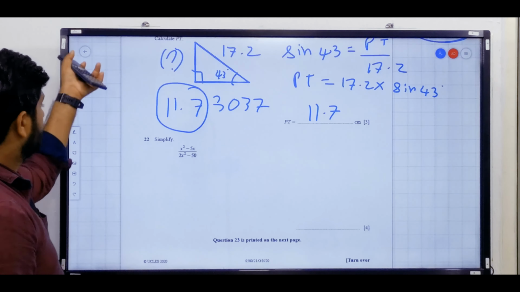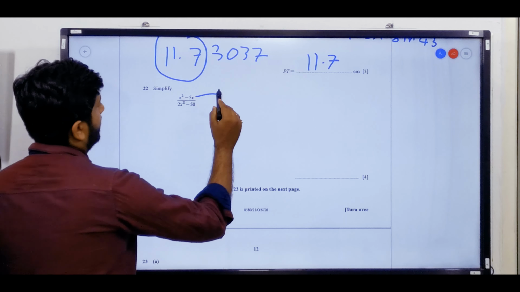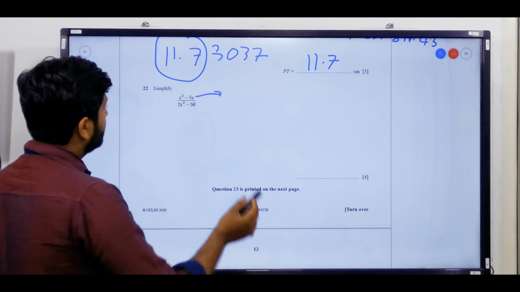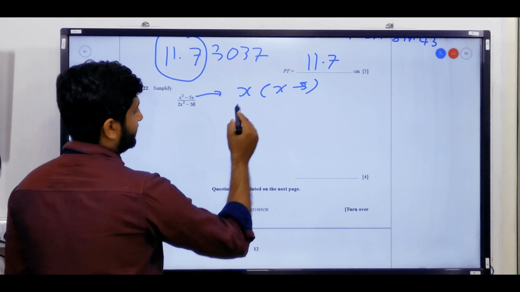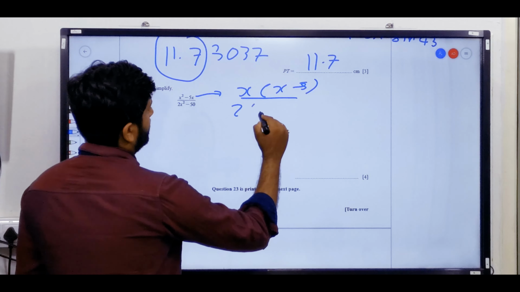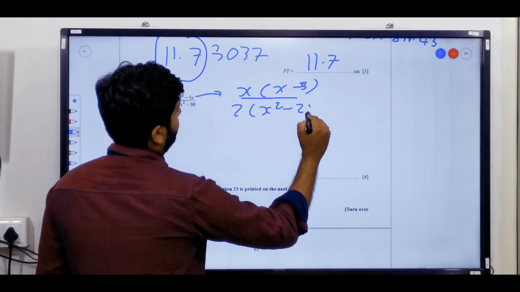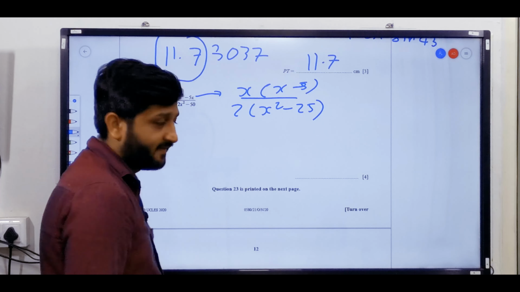Next part, simplify. So this is a straightforward question. Here I can take x as common. This will be x minus 5. Here I can see 2 is common. So this will be x square minus 25. This can further be factorized.